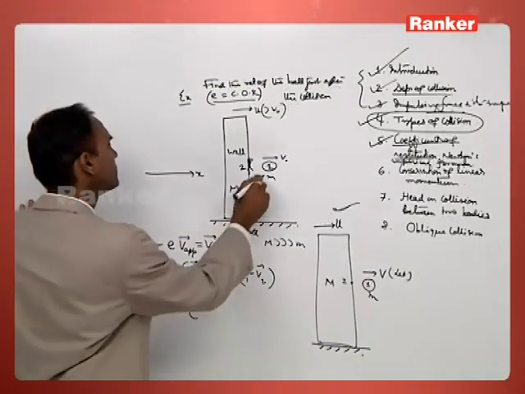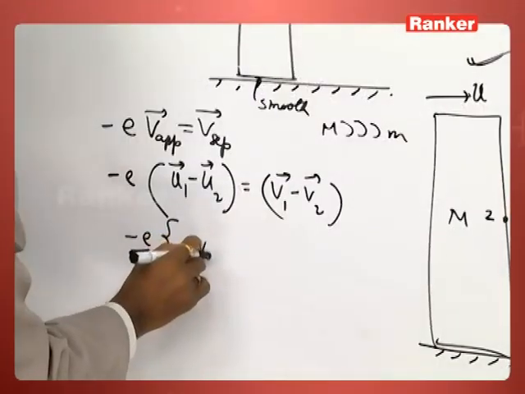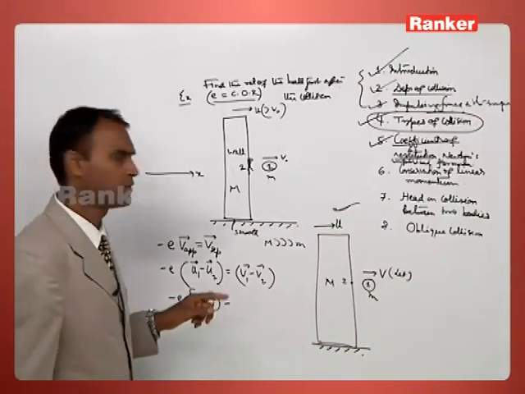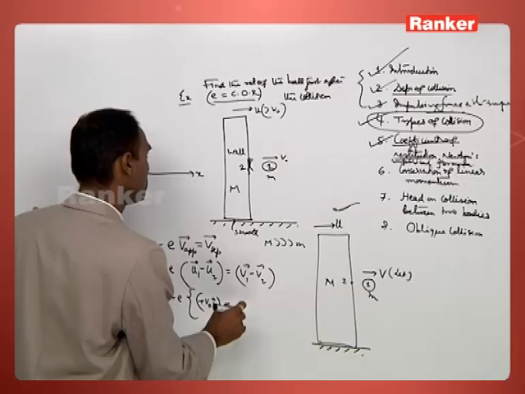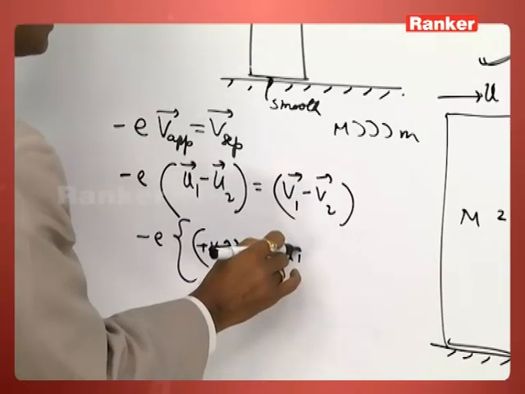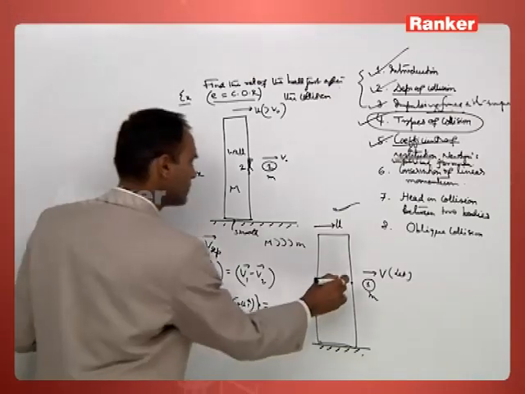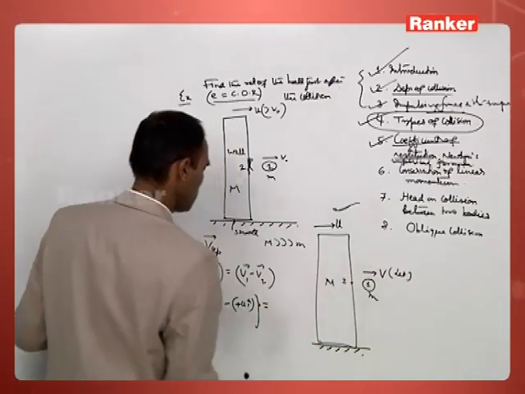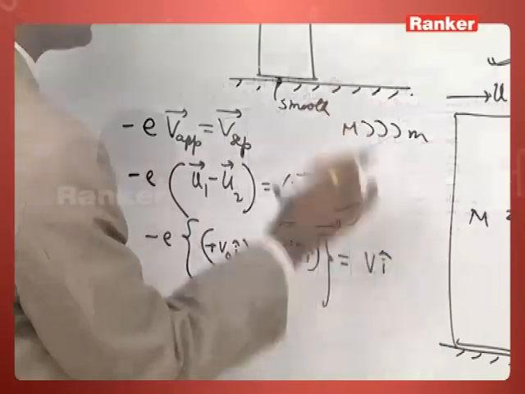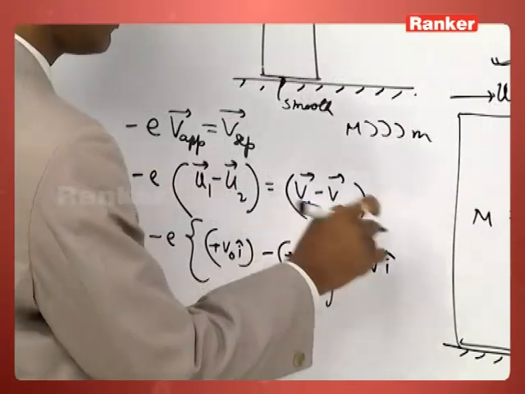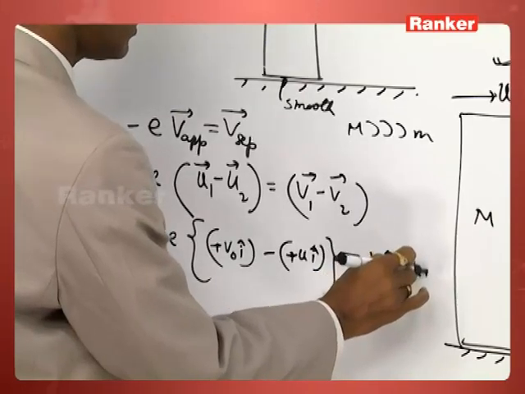What is u1? Plus v naught i cap. Write vectorially. What is u2? Plus u i cap. What is v1? We assumed it as v in positive x direction. What is v2? This is still u i cap.